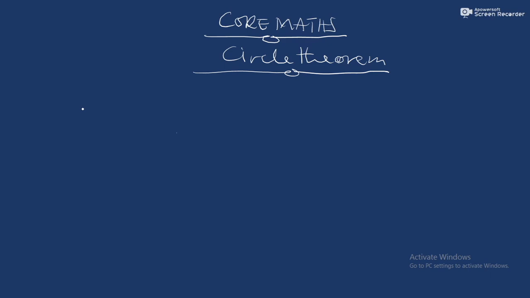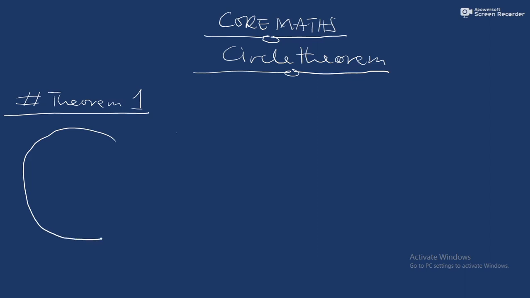So we want to look at the first theorem. It's not in any particular order, but we just want to take it as the first one. So let's have our circle.